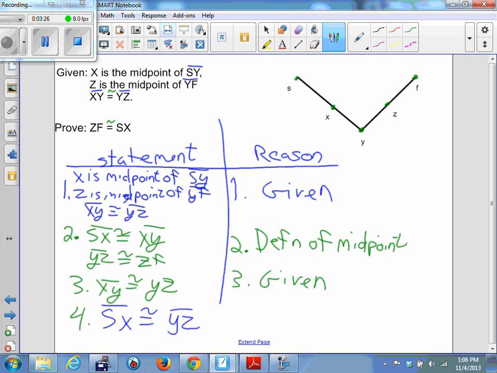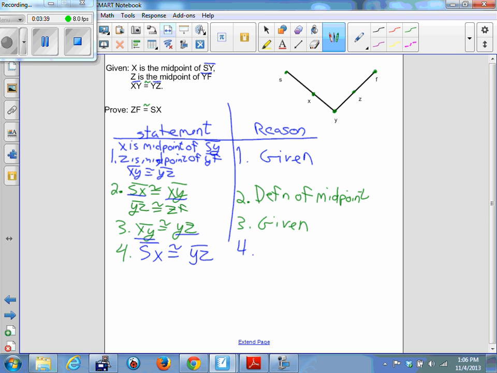We have SX is congruent to XY, and XY is congruent to YZ, so we're taking the middle out. So the reason for number 4 is going to be transitive.